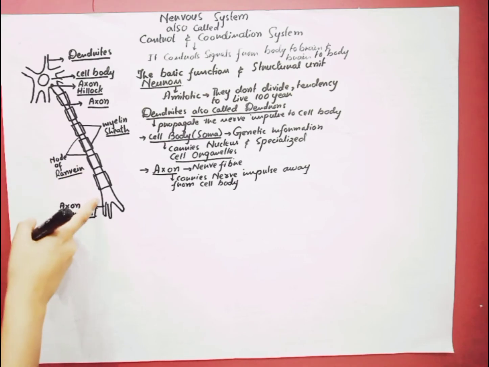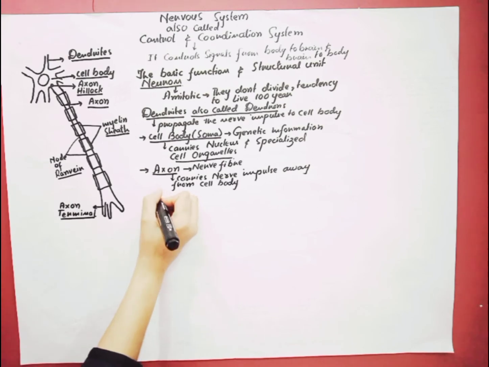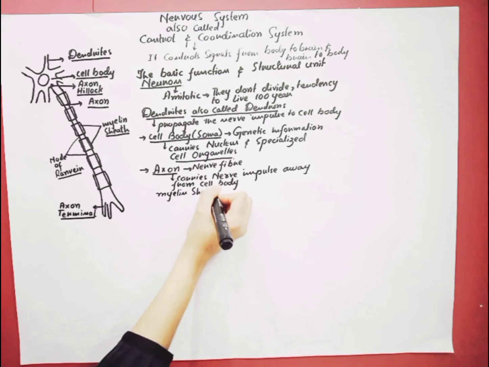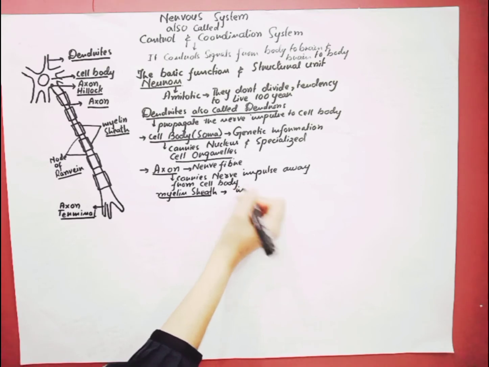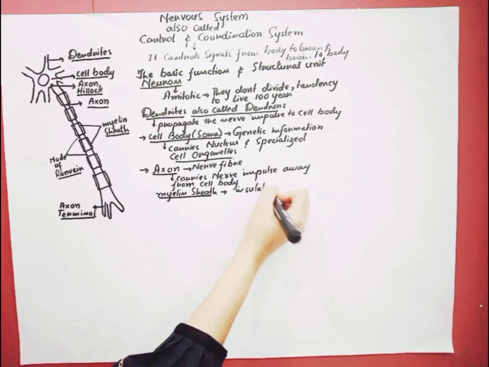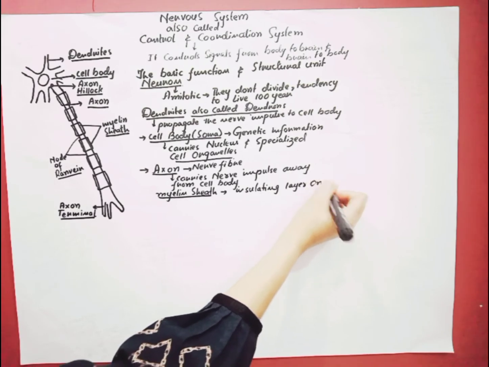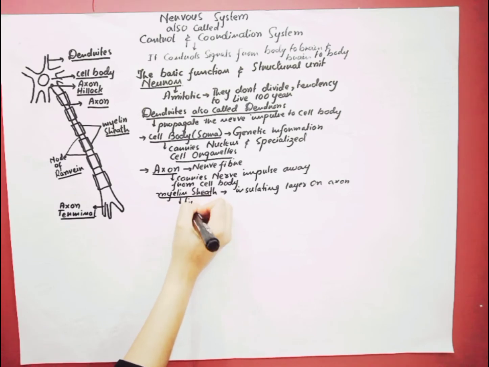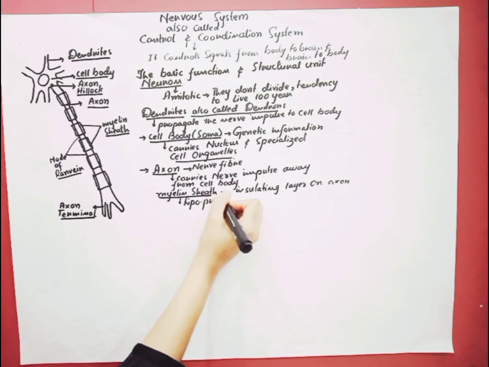Now this myelin sheath. Some of the neurons contain this myelin sheath. The myelin sheath is an insulating layer on axons of neuron. They are lipoprotein layer, a layer which is made up of fats and proteins.